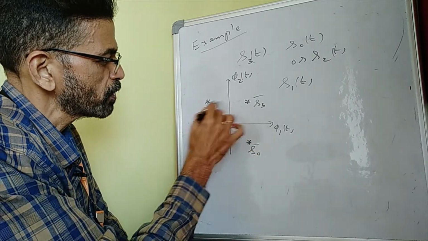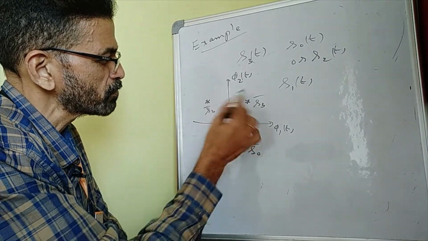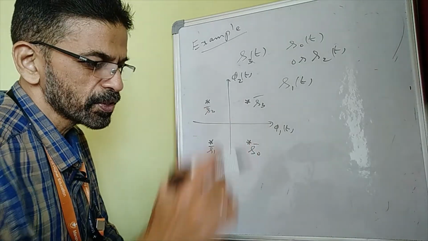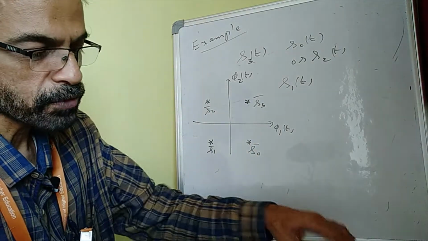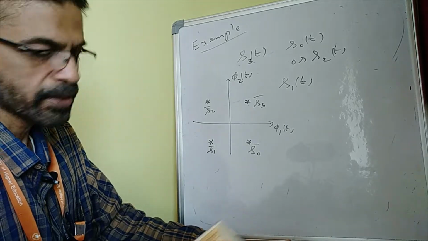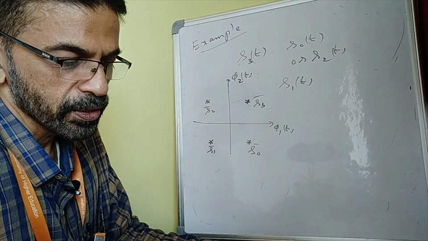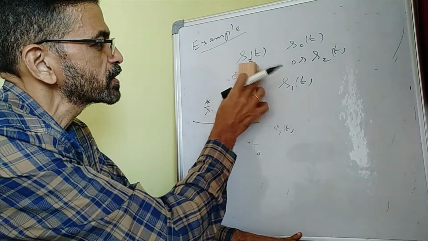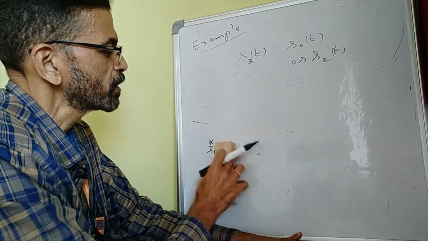Of course, from symmetry we know that the probability will be the same. Or what is the probability of S3(t) being detected as S1(t)? So we will first find out what is the probability that S3(t) is being detected as S0(t).